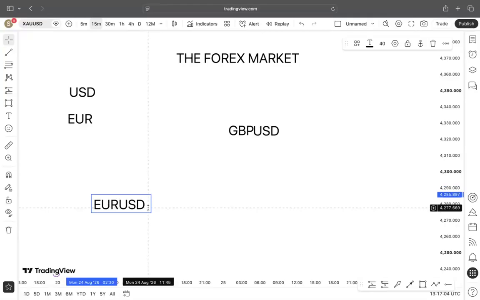So for these reasons, currencies in the forex market are always quoted and traded as currency pairs. Any financial instrument that you see in the forex market is always quoted and traded as a currency pair.